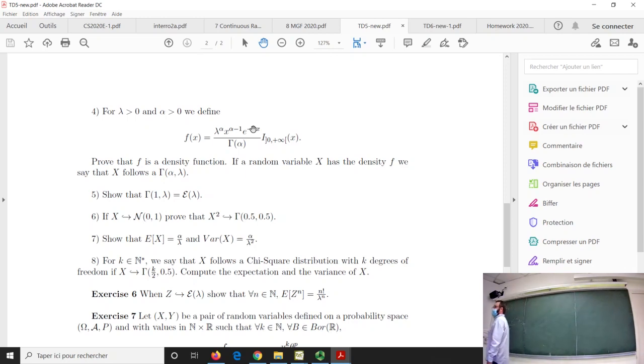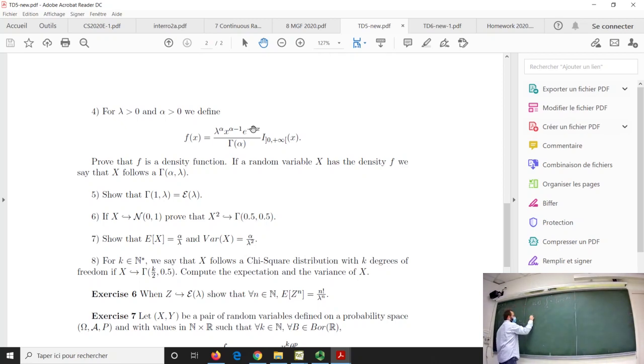Okay, so I am interested in the expectation and the variance. So if it exists, the expectation of X is what? It is defined in the continuous case as the integral between minus infinity and plus infinity of x times the density function of X. It's what I have to compute. So let's replace by the density function and see what happens.